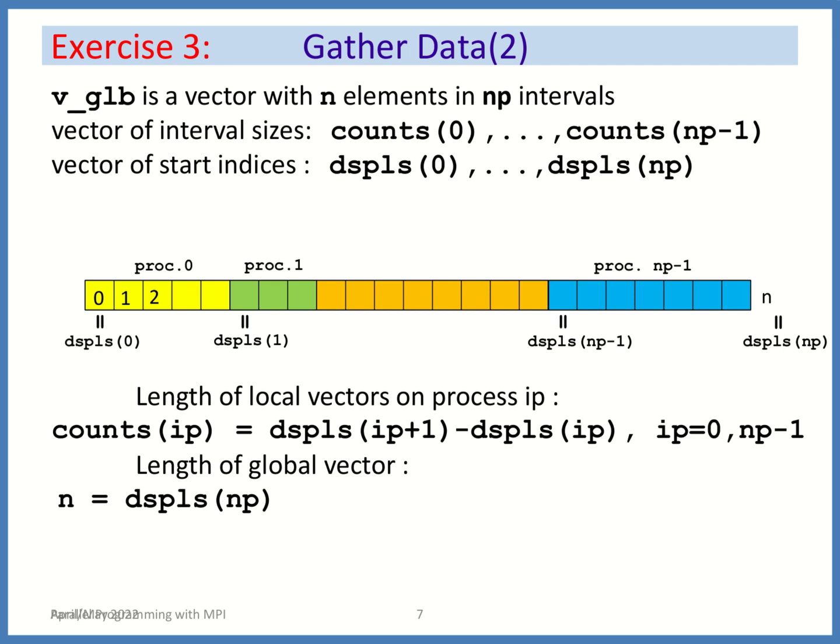And we have to store the number of elements on each process in a vector of size np. So the counts of elements on each process, the number you have to collect, will be stored in the counts array.